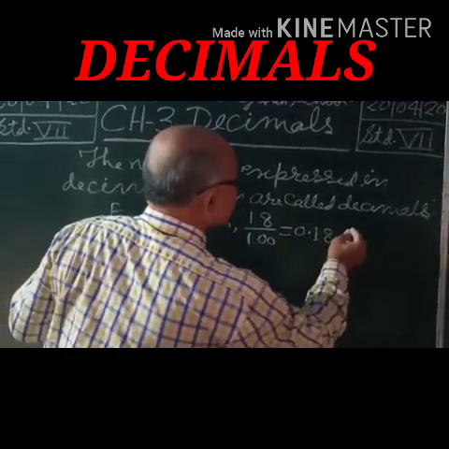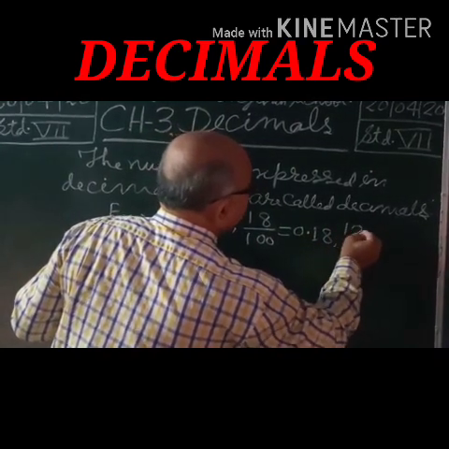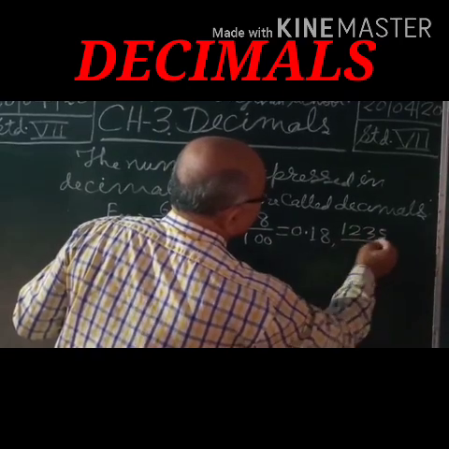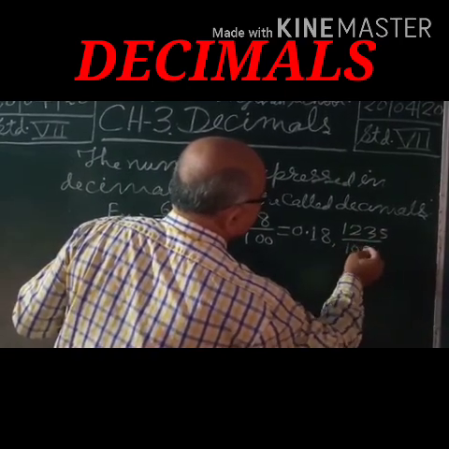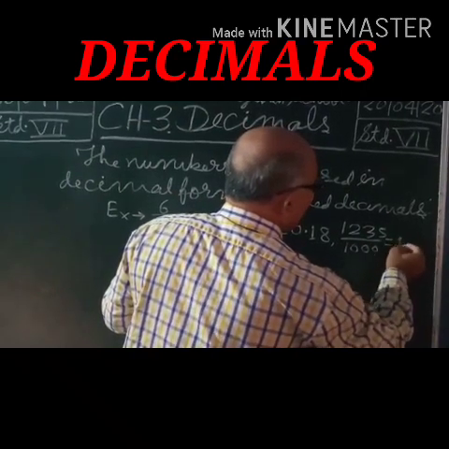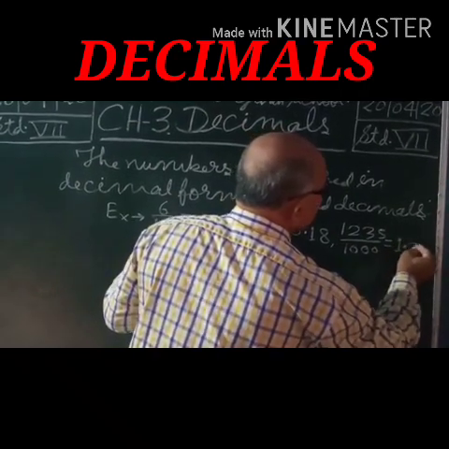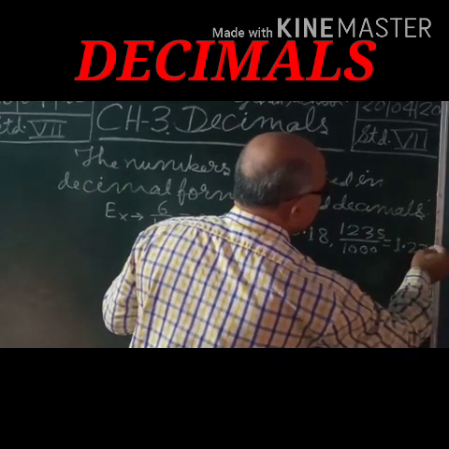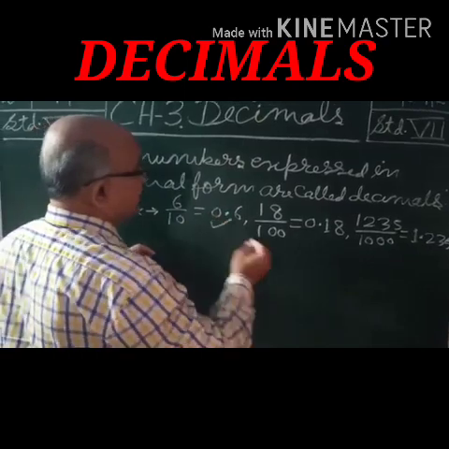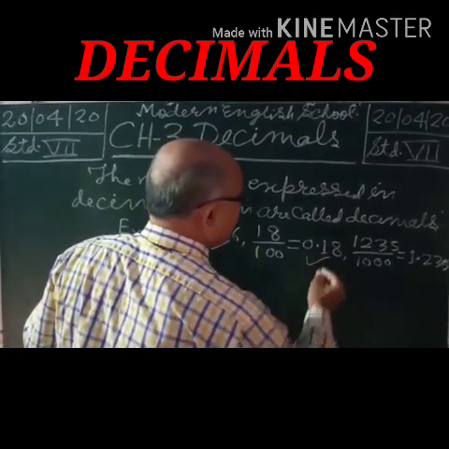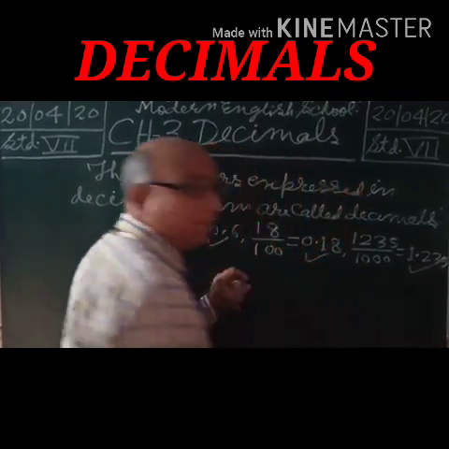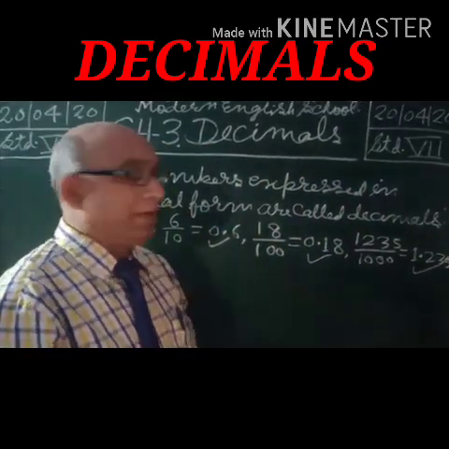Next, 1235 by 1000 equal to 1.235. So 0.6, 0.18 and 1.235 are the examples of decimals.